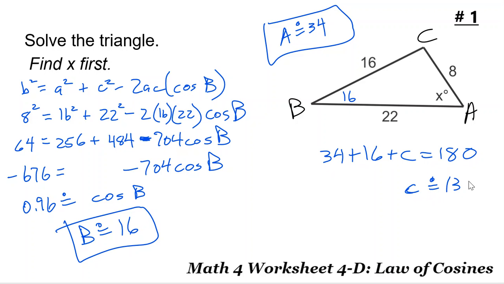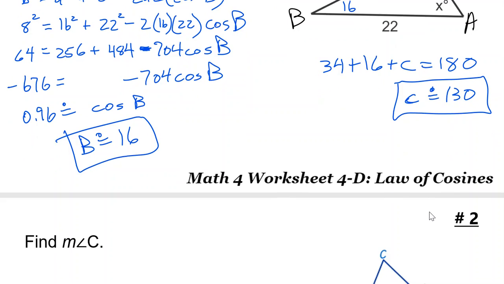That's going to be 130 left over. And I say approximately because all the rest of these were rounded figures. So that's going to make this the product of calculations with rounded figures. All right, there's number one.